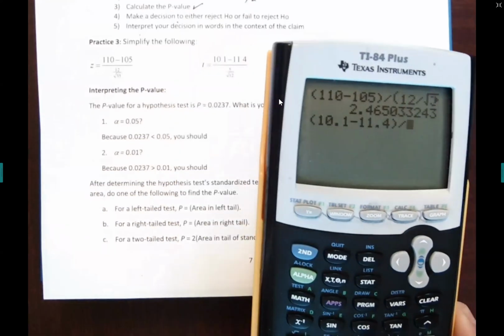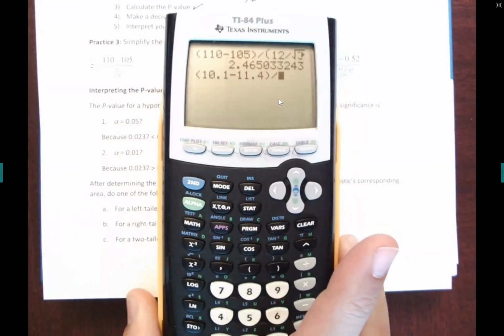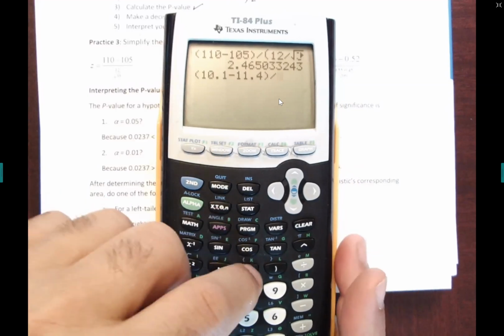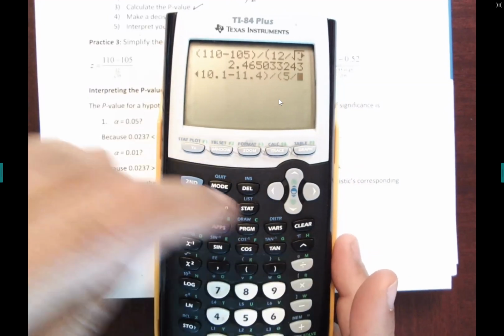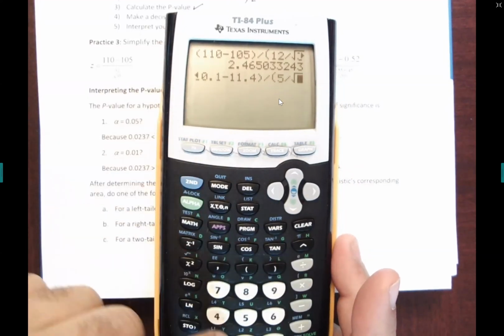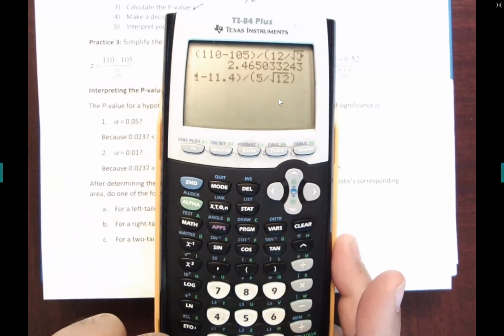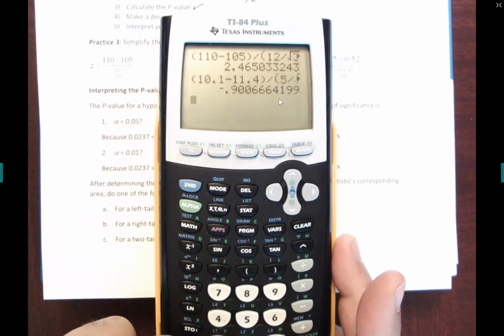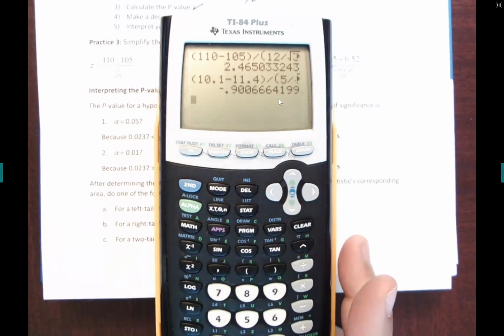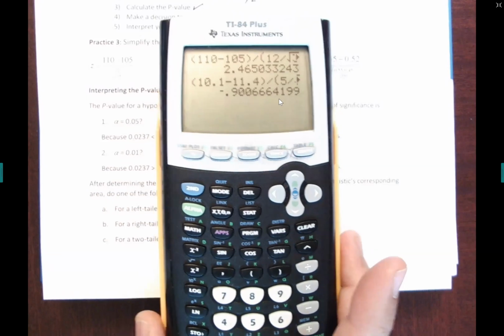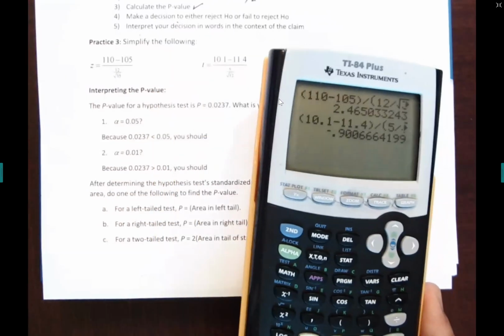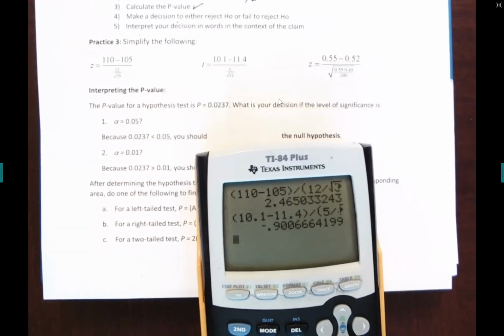And 5 over square root of 12. Open parentheses, 5 divided by square root of 12, and close. Here you go. Yep, negative 0.90. Since it is a t, it's usually 3 decimal places, as you know from chapter 6.